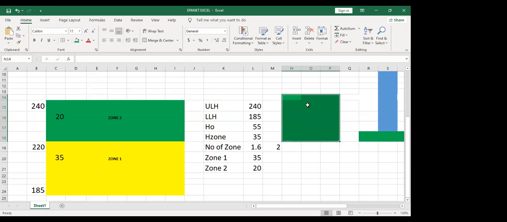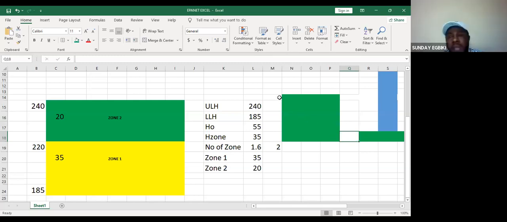Now, yes, say what we are saying now. When you have this is the tank, let me put something here. This is the inlet tank, and let me say this is the outlet. What we calculated as the upper feed level is the lowest level of this tank here.